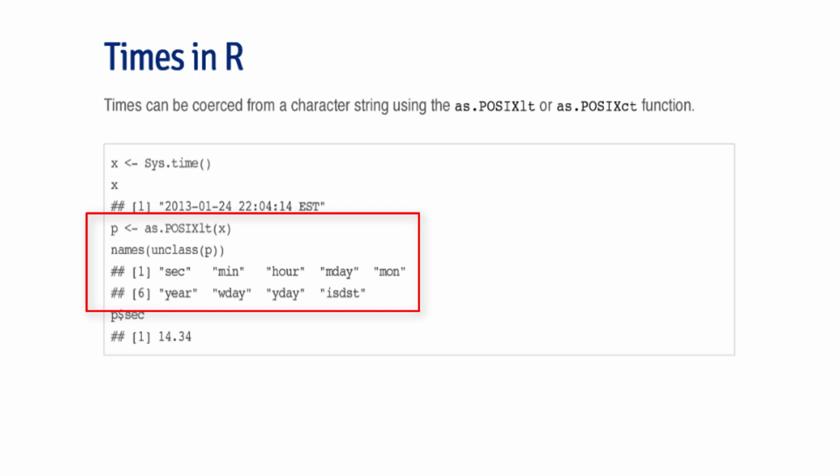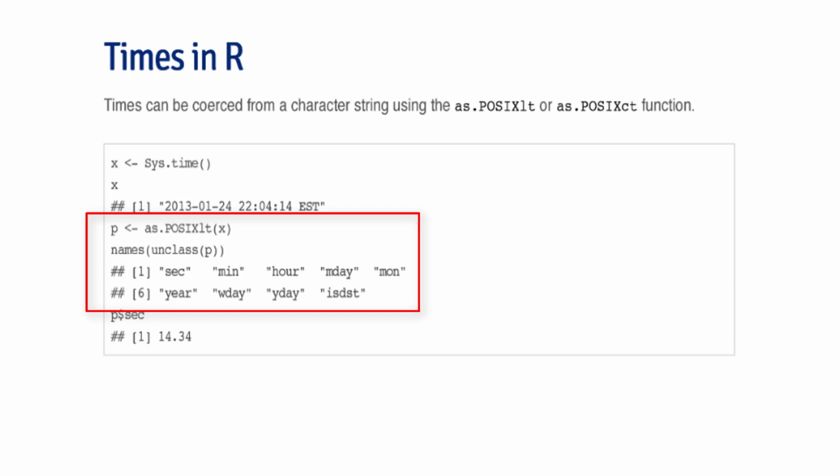If you unclass it, you can see that there's an element called sec, that's the seconds, and min, the minutes, hour, the hours, mday for the day of the month, which in this case would be 24. mon is the month, in this case January, then year, wday, the day of the week, yday, which is the day of the year, and isdst for whether we are on daylight saving time or not.